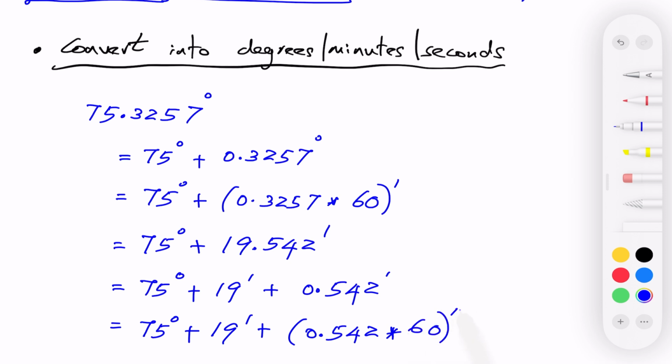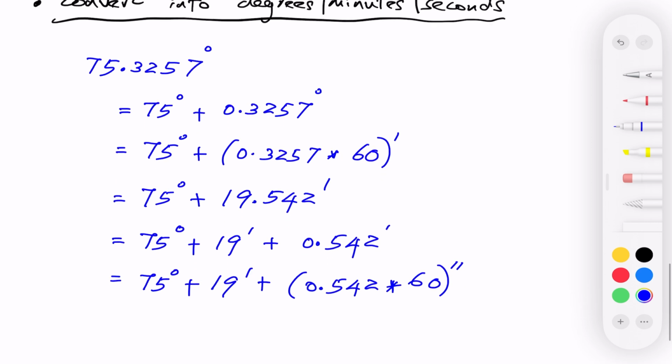This part of the answer is going to be in seconds. Now we have 75 degrees plus 19 minutes plus 0.542 times 60, which is equal to 32.52 seconds.